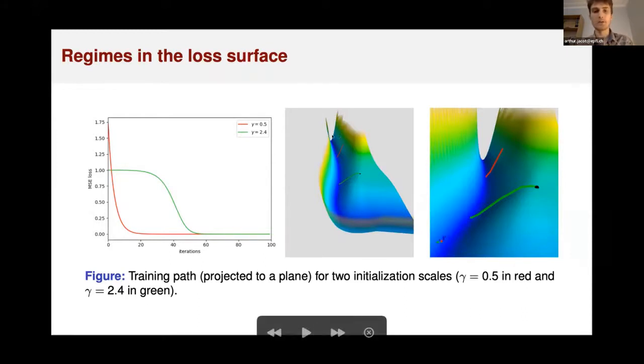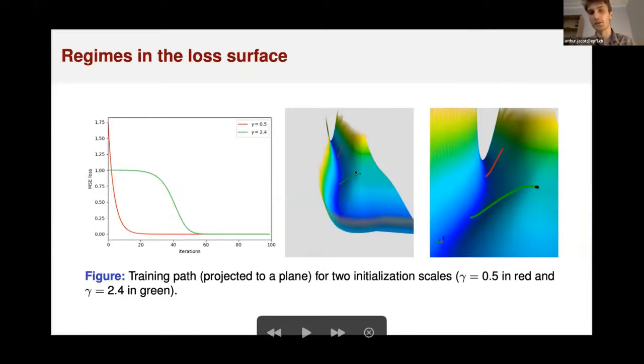And I'm going to take 2 initializations: one large initialization in red here, which corresponds to a gamma of 0.5, which is clearly in the larger initialization regime, and a small initialization with gamma equal to 2.4. And as I said earlier, this red initialization is going to initialize in this narrow valley that diverges towards infinity. It's going to initialize very close to a global minimum, converge very fast towards it, and stay inside of this narrow valley.